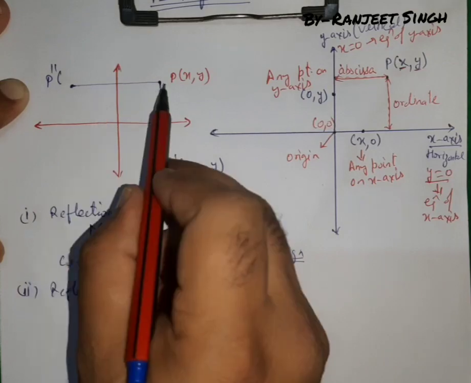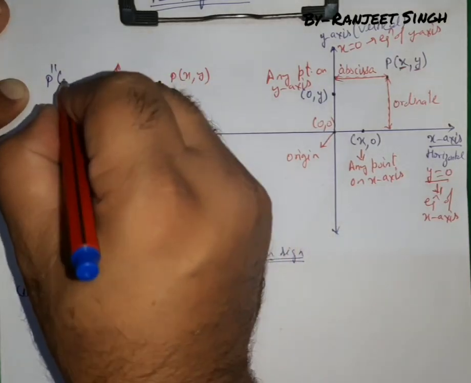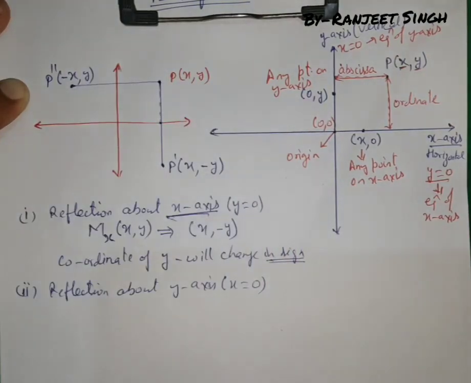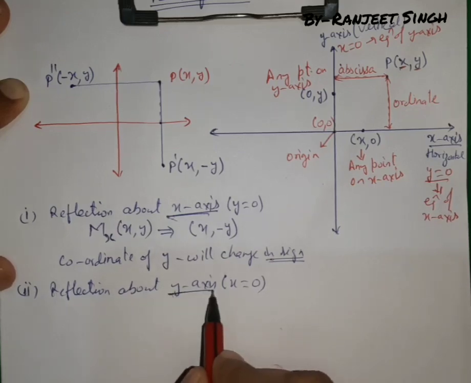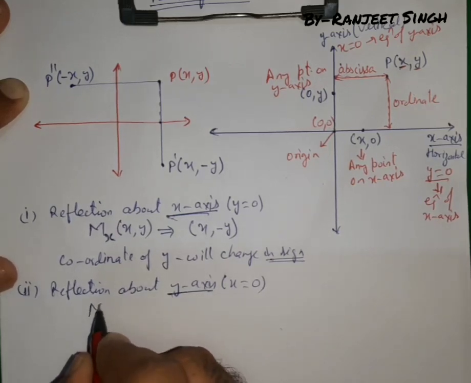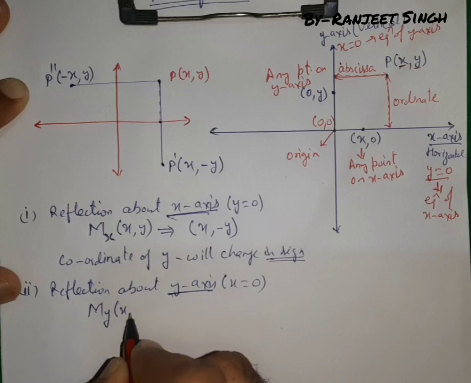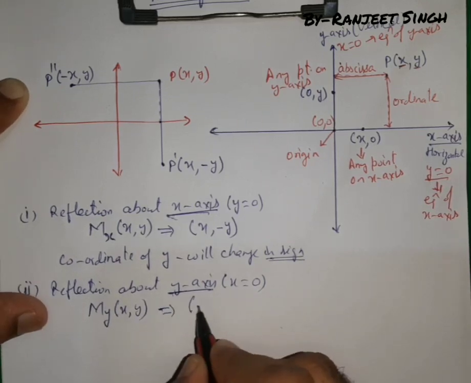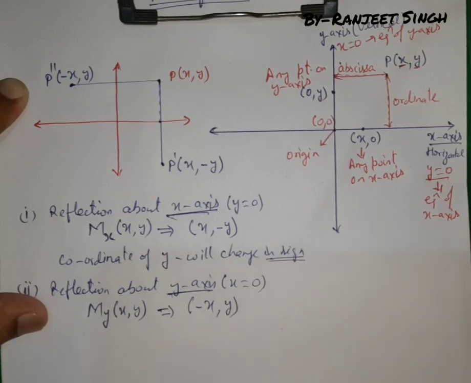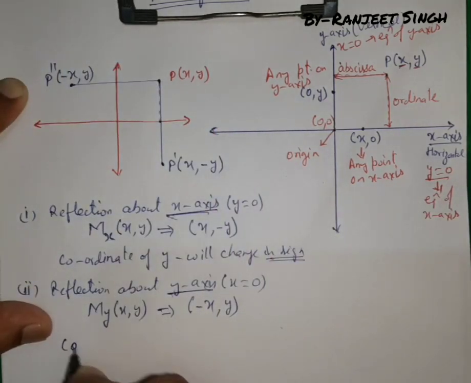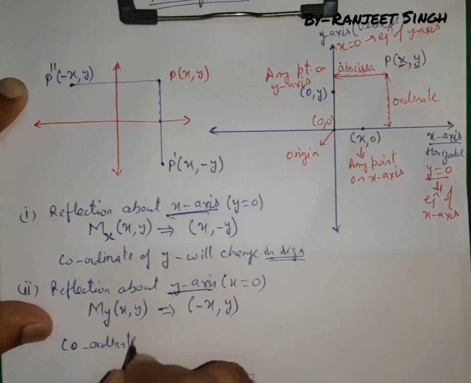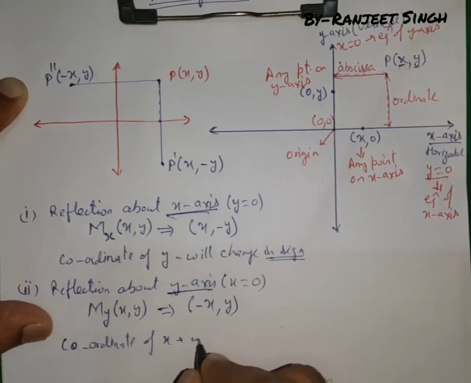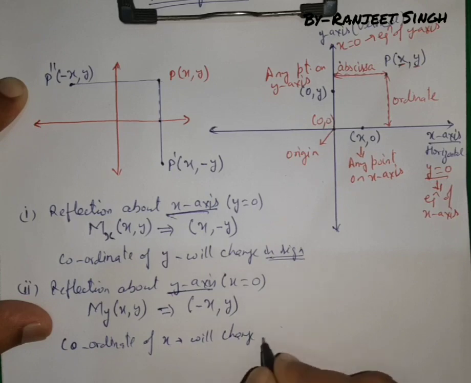Looking at this, the value of x is changing, so this will become (minus x, y). In the case of reflection about the y-axis, this is represented by M of y, and the point (x, y) will be changed to (minus x, y). So in this case, the coordinate of x will change in sign.